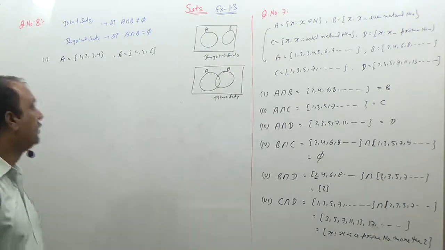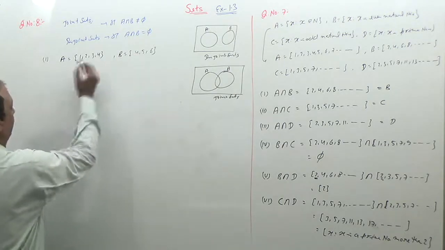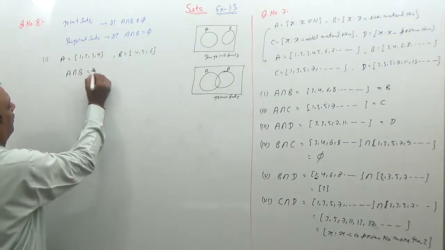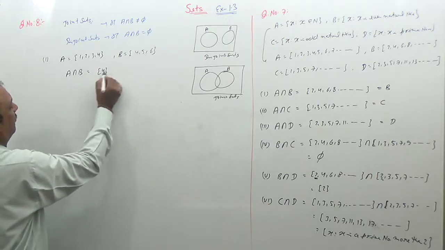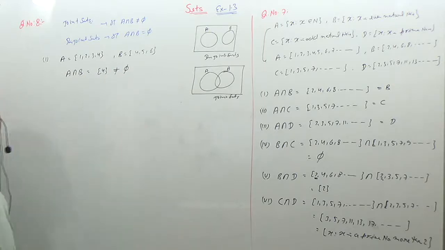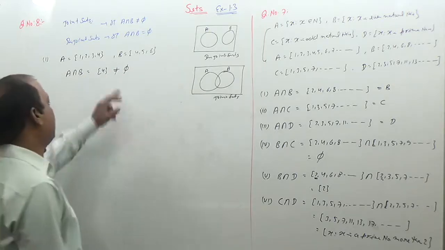We want to verify whether these are joint or not. First of all, find their intersection. A intersection B contains one element 4, a singleton set, which is not equal to phi. So there is a common element between them.